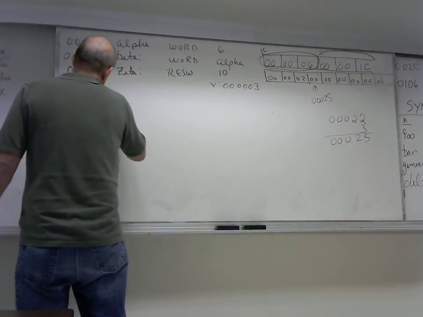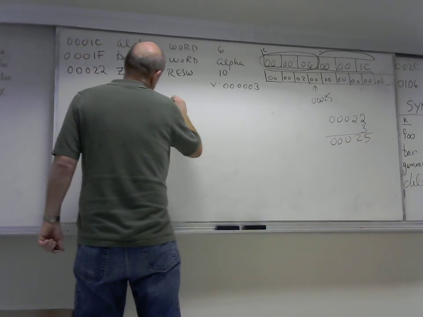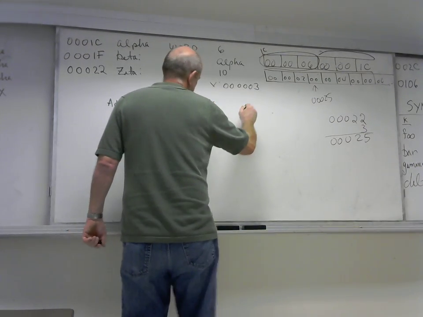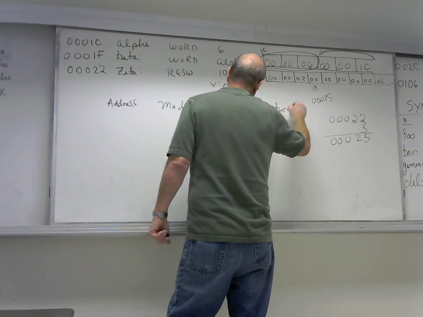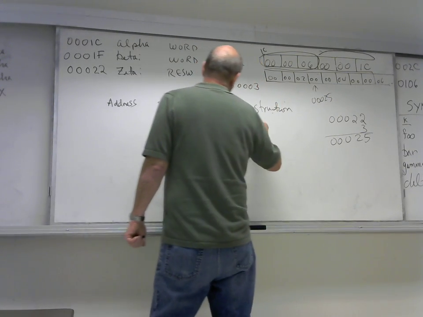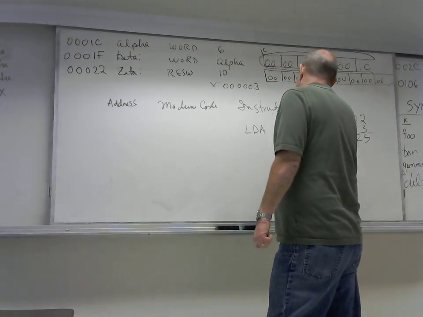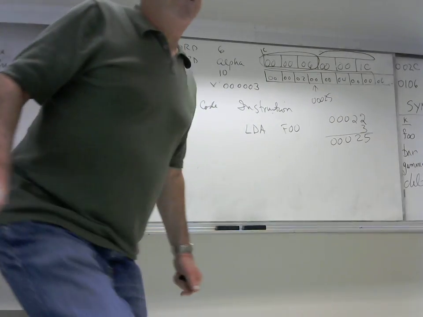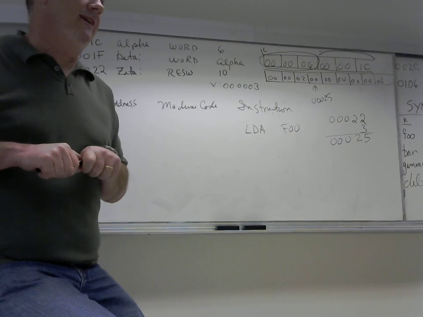So you're going to have this chart, and you're going to have to give me the address and the machine code. And then here are the instructions. So you'll have something like LDA foo. You're going to look up the opcode. Well, I think the opcode for LDA is 00, which makes it easy.